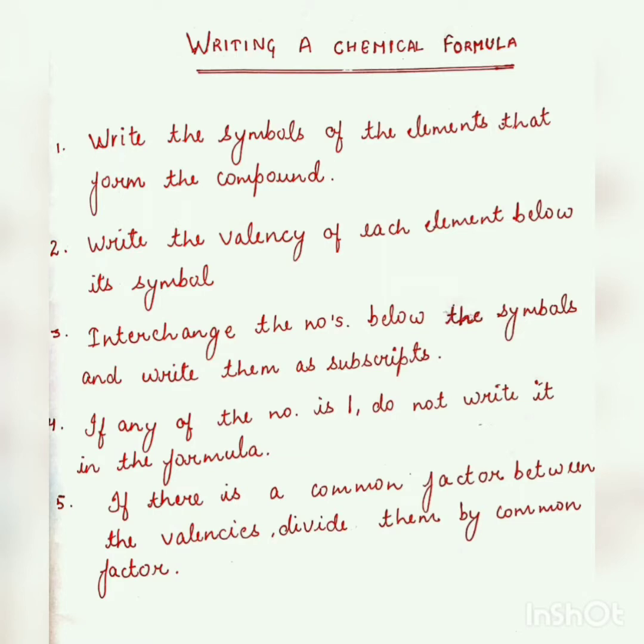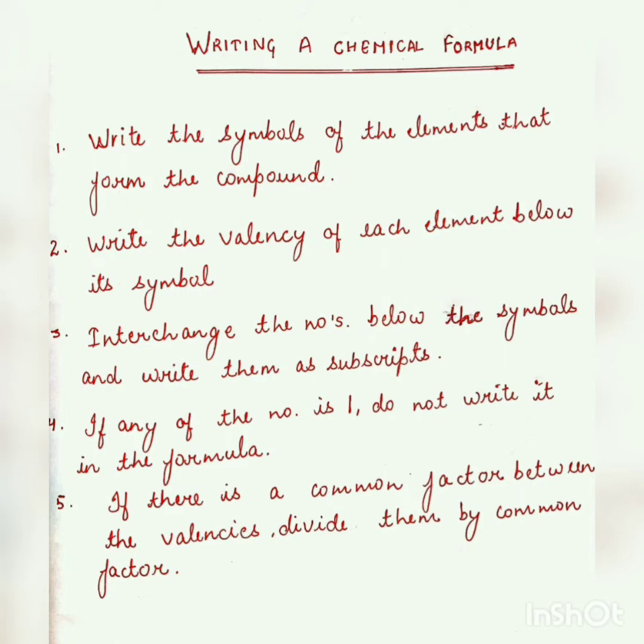Well, for writing chemical formula of any compound, you need to follow 4 to 5 steps. And the steps are: first, write the symbol of the elements that form the compound. Then write the valencies of each element just below its symbol. After this, interchange the numbers below the symbol and write them as subscripts.